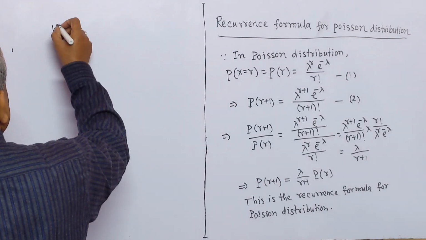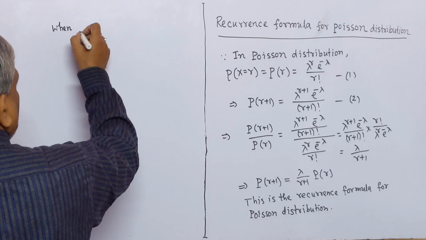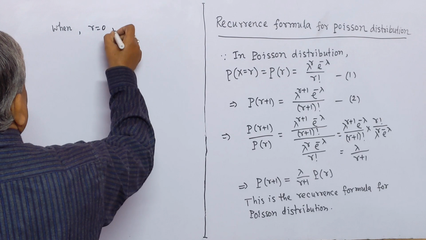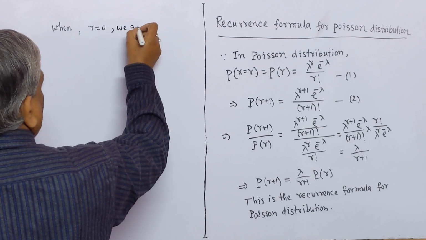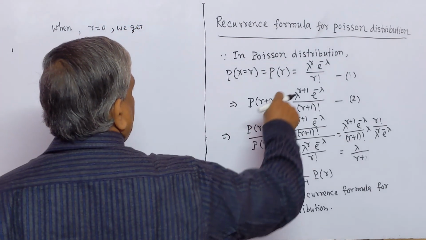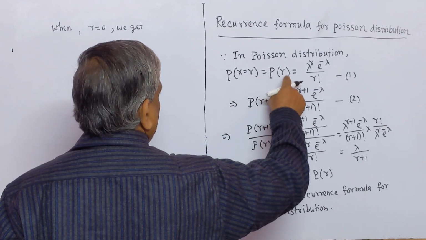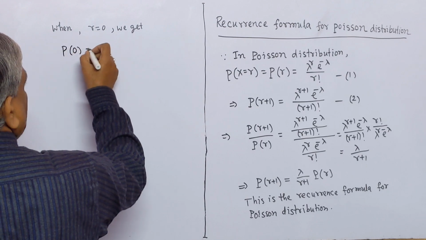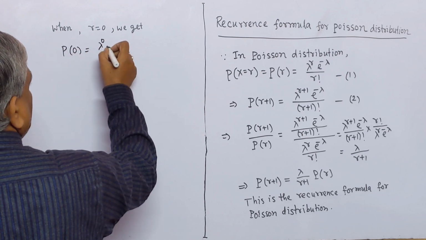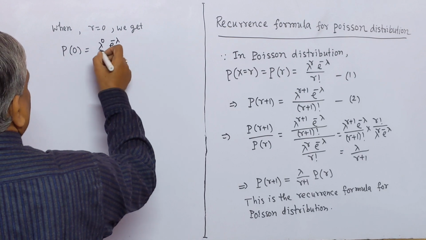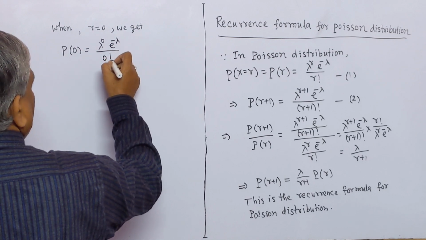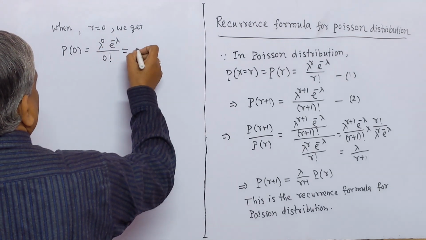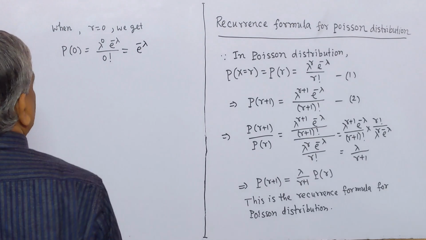When r equal to 0, we get, from number 1, lambda to the power 0 P(0) equals lambda to the power 0 e to the power minus lambda by factorial 0; lambda to the power 0 is 1, factorial 0 is 1, so e to the power minus lambda.